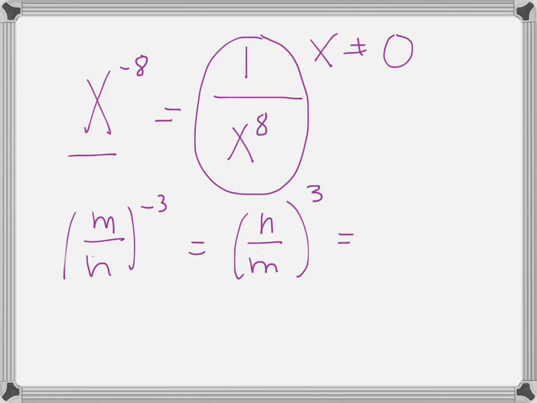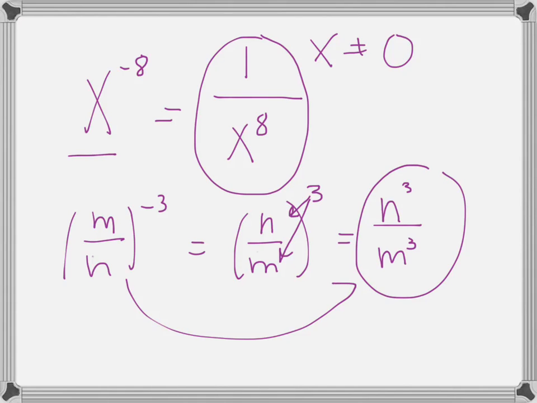Okay, and right here you can use the power rule to bring the power into each numerator and denominator. All right, and then that would be what you want to do there.